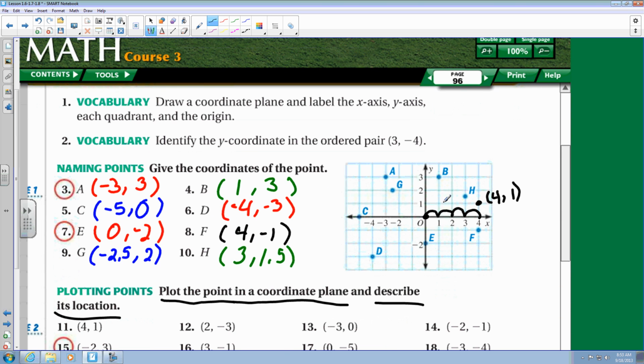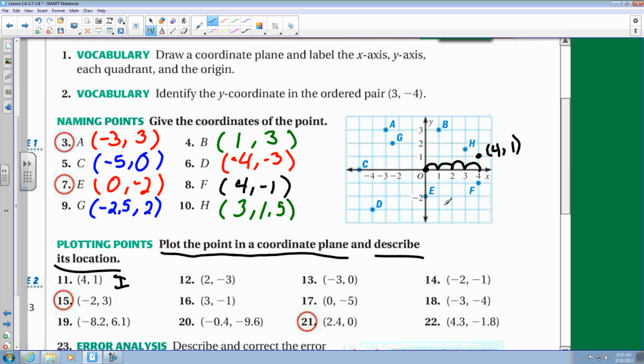In this case, it's in the upper right-hand corner, so I know that this is in quadrant 1. And here's another thing to think about for positive and negative x and y coordinates. If both my x and my y coordinates are positive, it's always going to be in quadrant 1.